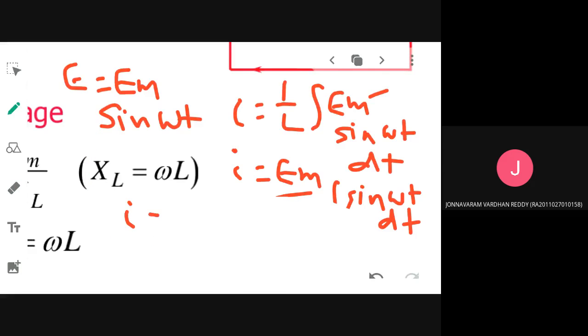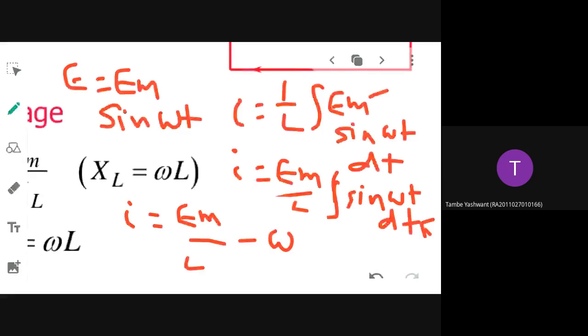Now if you are doing the integration of sin omega t, what will be the answer? Minus cos omega t, and omega is also there.